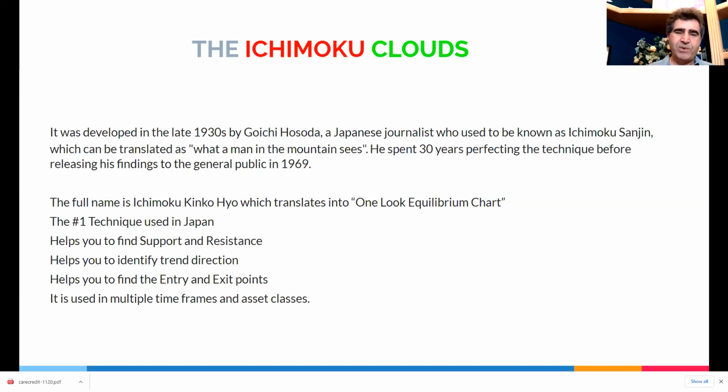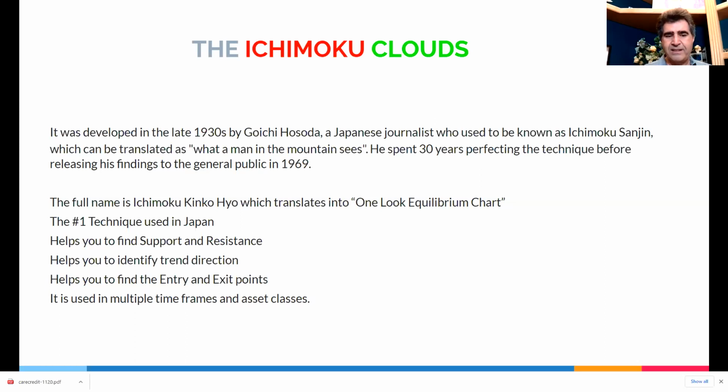In Japan, it has been the number one technique because it combines the candlesticks, for as many years as I remember, and they use it quite a bit. So what does Ichimoku do? It helps you find support and resistance.